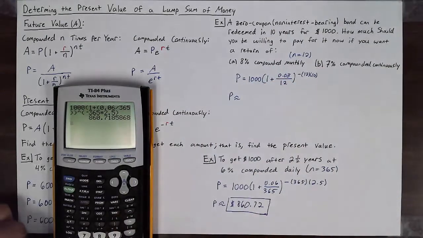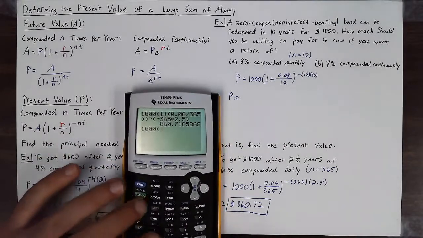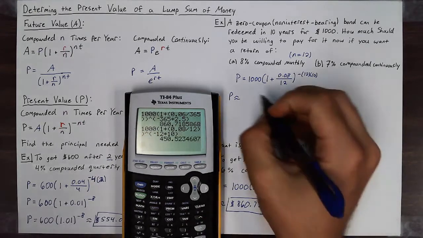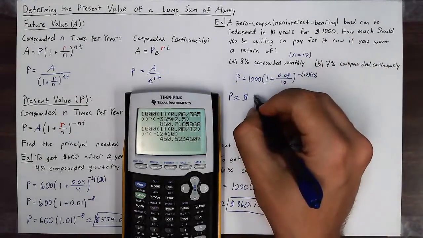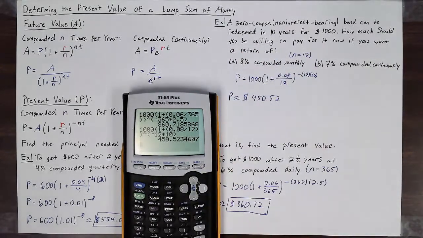So we have 1,000 times 1 plus 0.08 divided by 12, raised to the negative 12 times 10 power. The value of that bond should be $450.52 to get this deal. So we should purchase it for that much, and then it will grow into $1,000 over those 10 years.